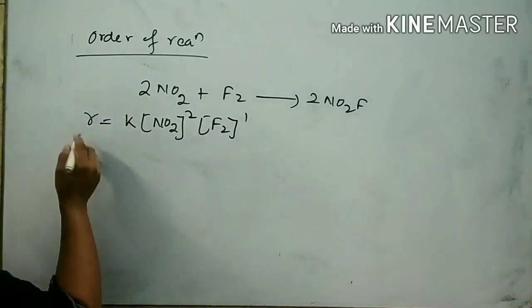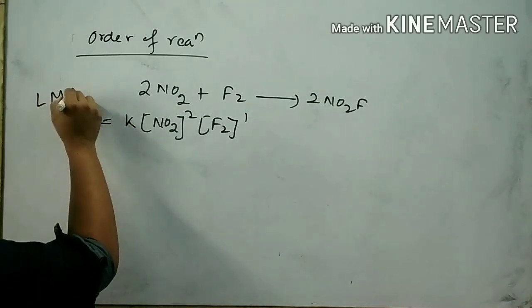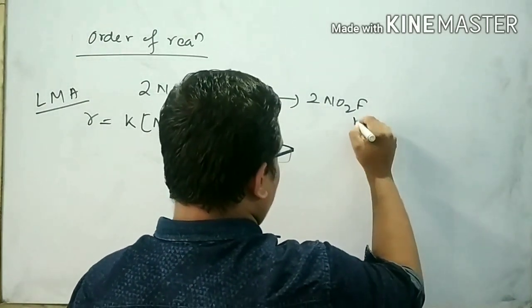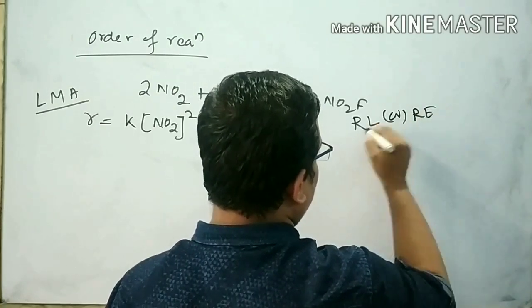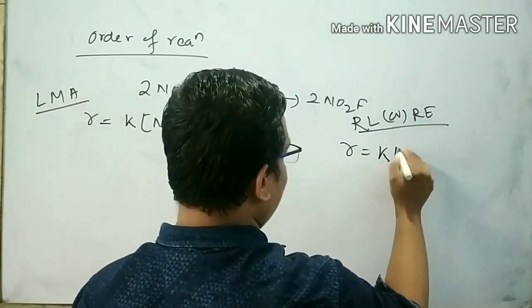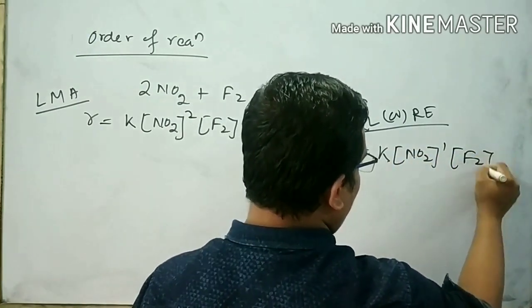This is the expression of rate of reaction according to the law of mass action. Suppose I apply the rate law, or the rate equation, then R can be written like this: R equal to K into NO2 power 1 into F2 power 1.